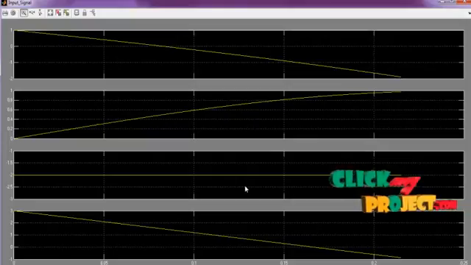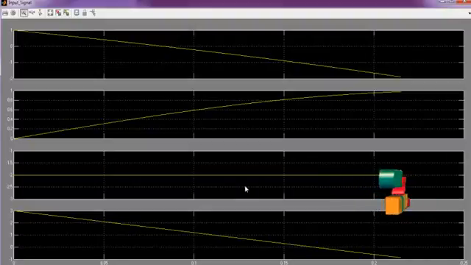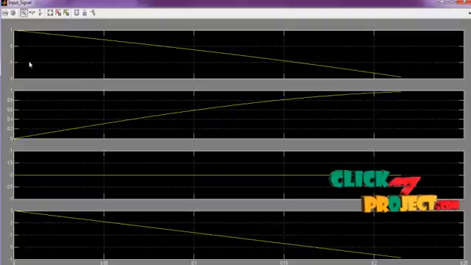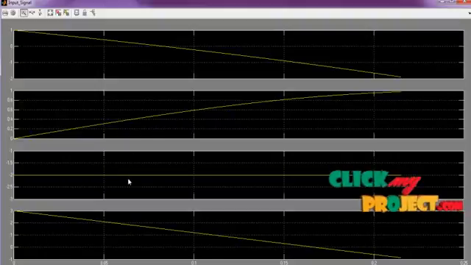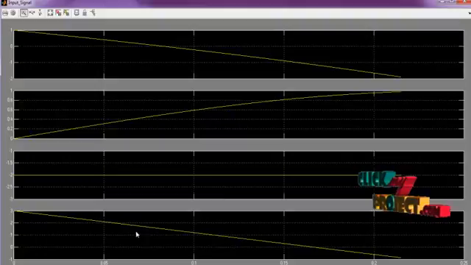After executing the process of the blocks, we obtain the input signal in this scope, which is the combined signal of three signals: this one is the sine wave, this one is the square wave, and this one is the sawtooth wave. Here I use a scale of one, with a step size of 0.1.